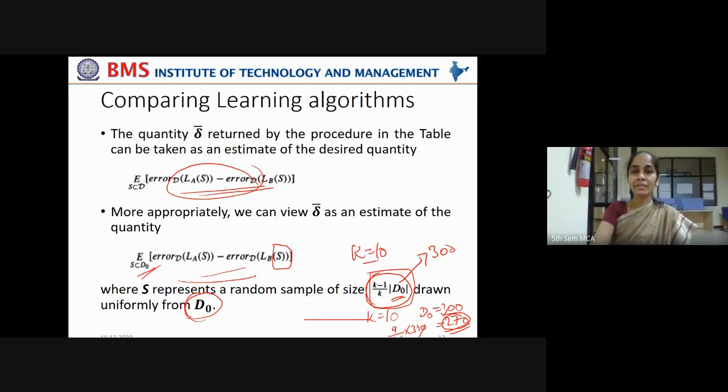Each time S, that is the training set, has 270 data points in each iteration, which is used to train the model using learning algorithm A and learning algorithm B. Now, what is the true error associated with that learning algorithms? That estimate we are trying to measure.